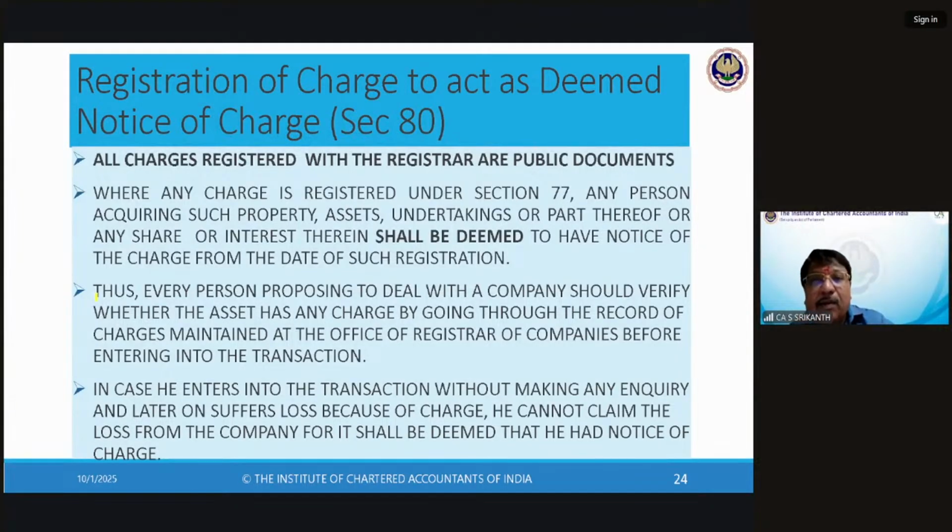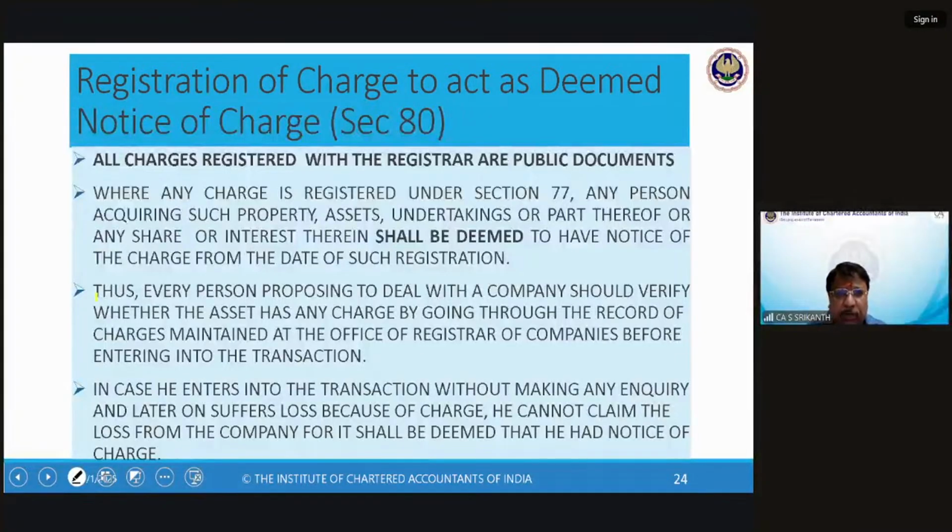Friends, Section 80 is nothing but the doctrine of constructive notice. Section 80, which says that registration of charge to act as deemed notice of charge, is a legalization of the doctrine of constructive notice. What does the doctrine of constructive notice say?